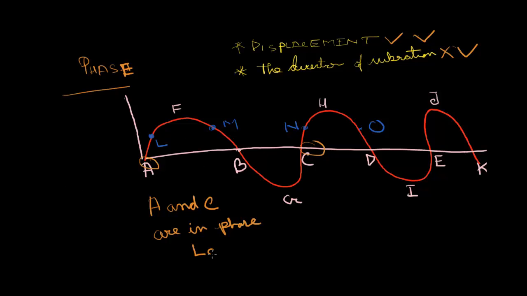so are L and N also. See, at L the displacement is this much, at N the displacement is this much, but M has the same displacement, but at L and M the direction is opposite. Here the particle is going up, here the particle is going down, but at N the particle is going up again.